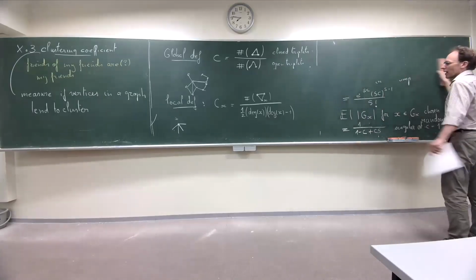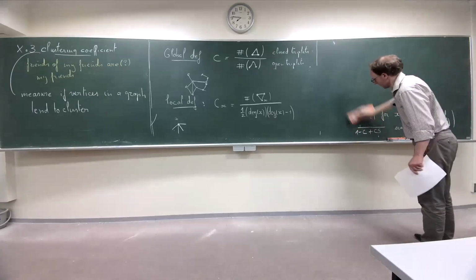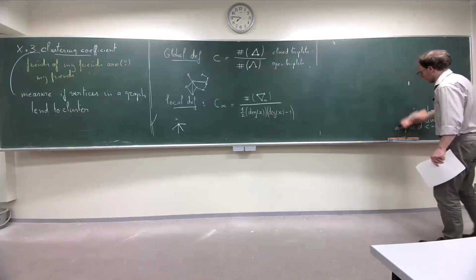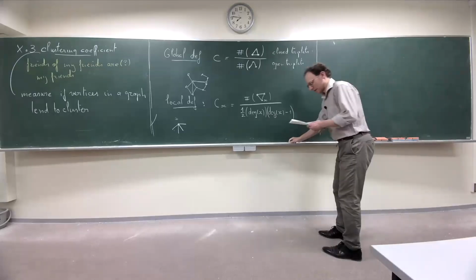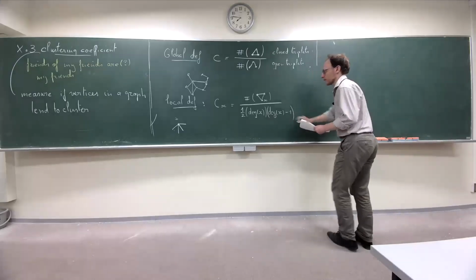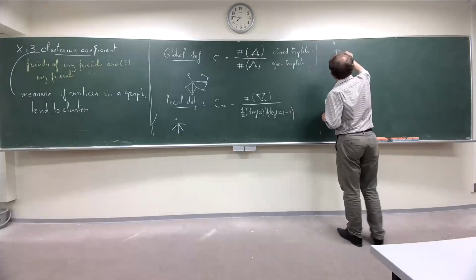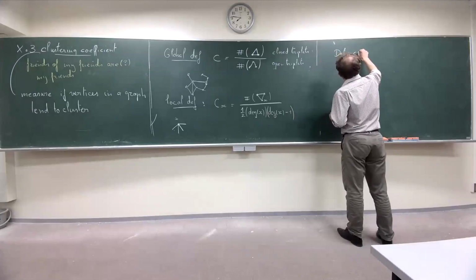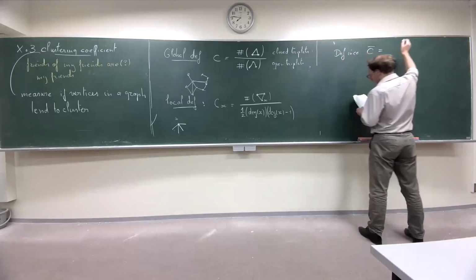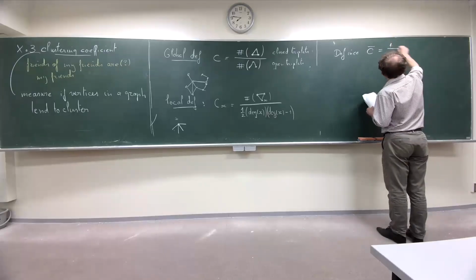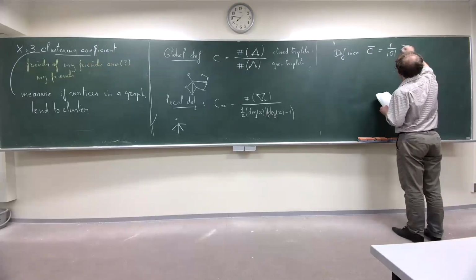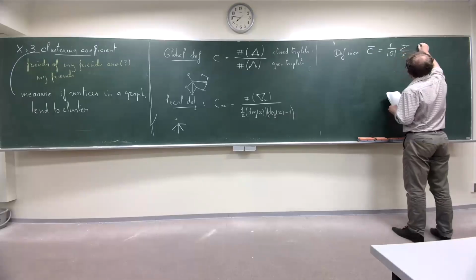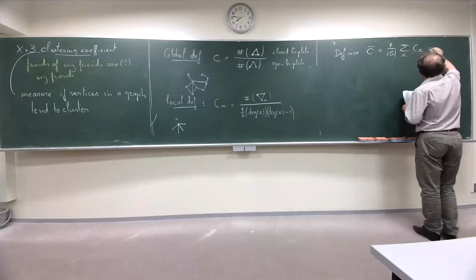And of course, if you have this locally, you can compute its average. You can also define C bar, which is 1 over the number of elements of G times the sum over X of Cx.